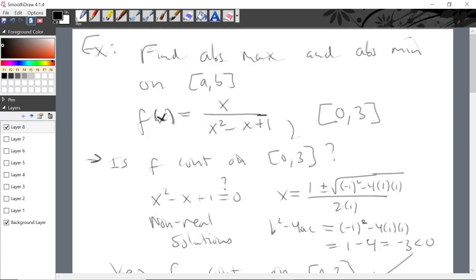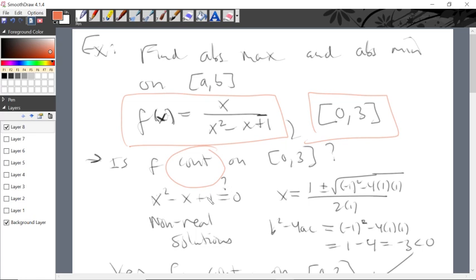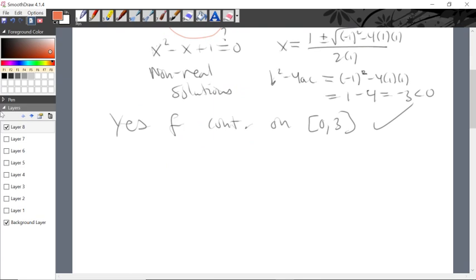So it is continuous. We are given a function f on a closed interval, and it is continuous. So we know, therefore, by the extreme value theorem, the existence of the absolute max and min.